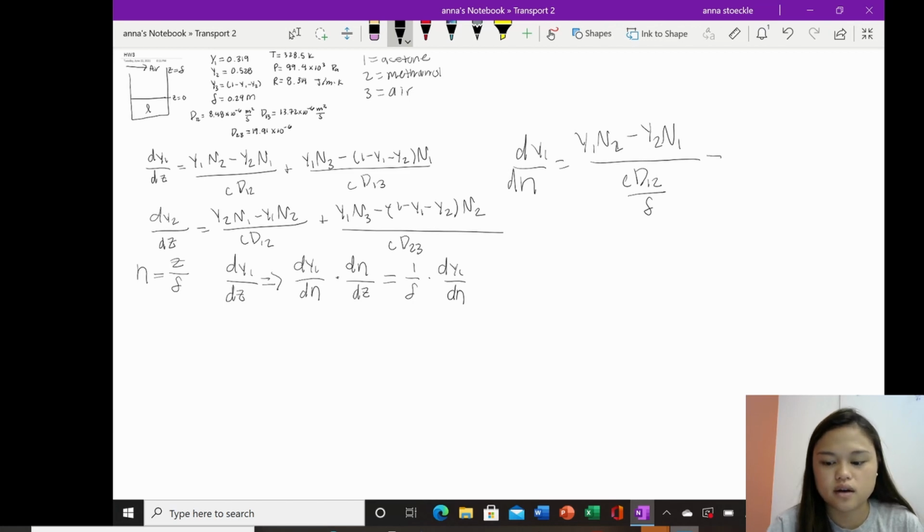So I'm just going to take that out of the equation to make things look a little bit better. And then I'm also going to replace this with y3 to simplify things with that mole fraction for air. But we just need to pay close attention to that subtraction sign. Make sure we don't forget it.